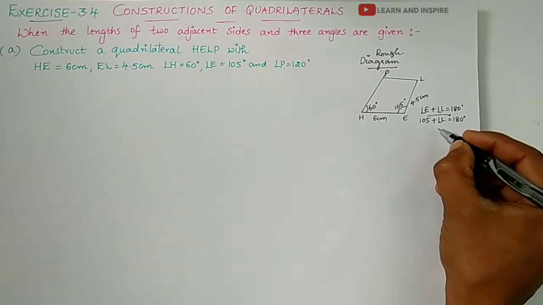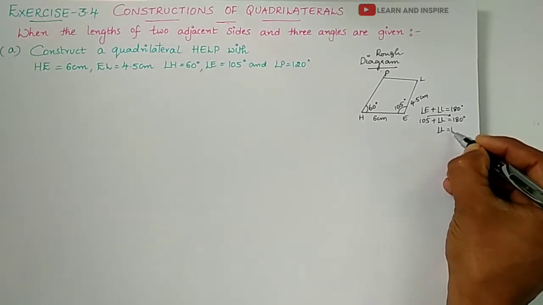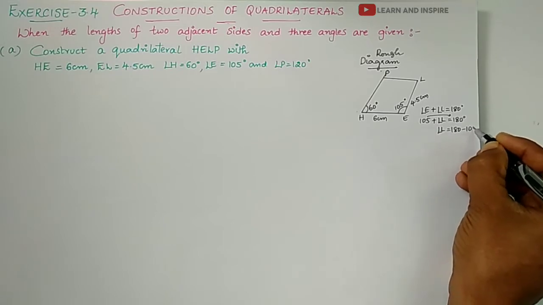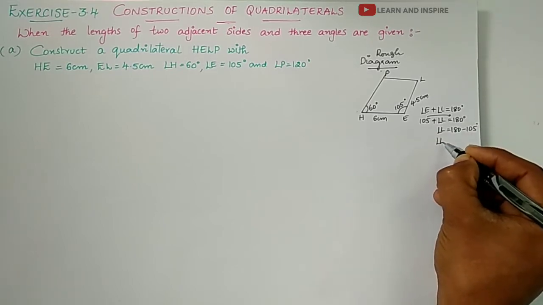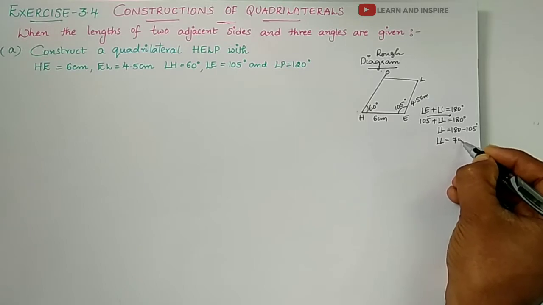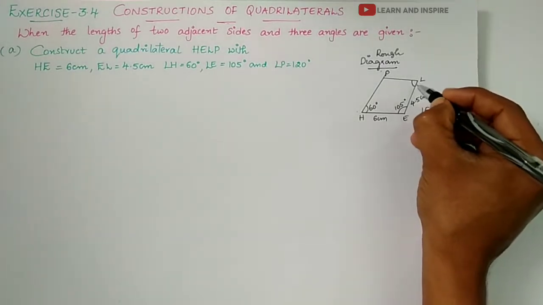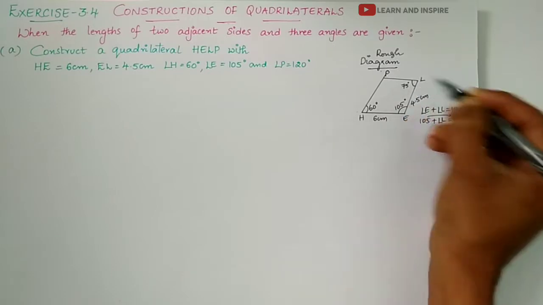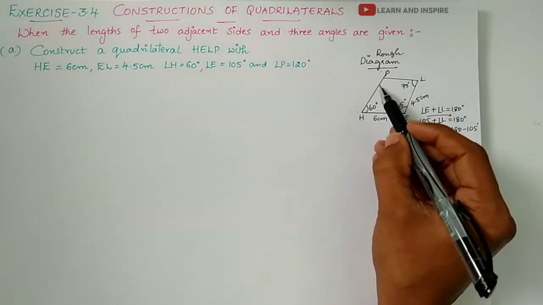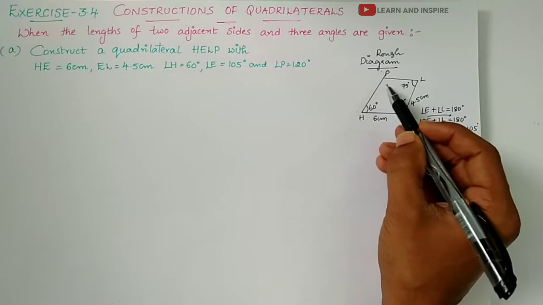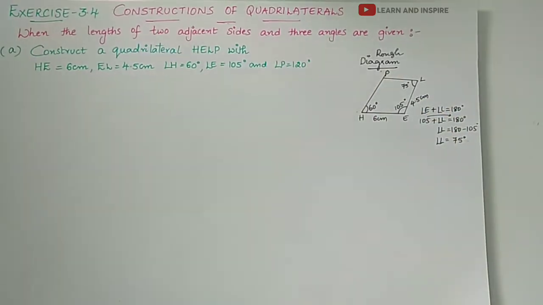Transposing 105 to the right side, we get angle L equals 180 minus 105. Then what will be the angle L? 75 degrees. So we have to construct L equals 75 degrees, and verify whether angle P equals 120 degrees or not after constructing the quadrilateral.